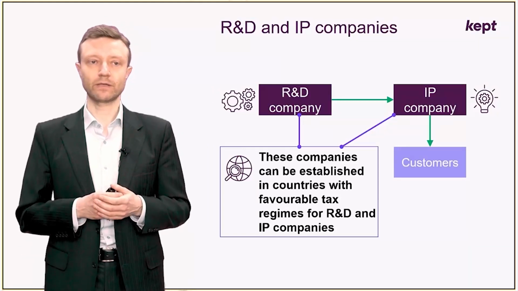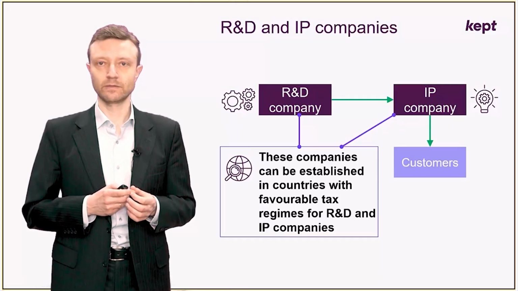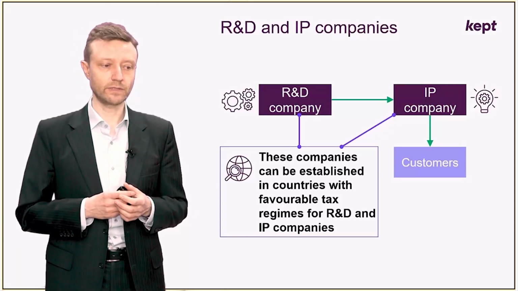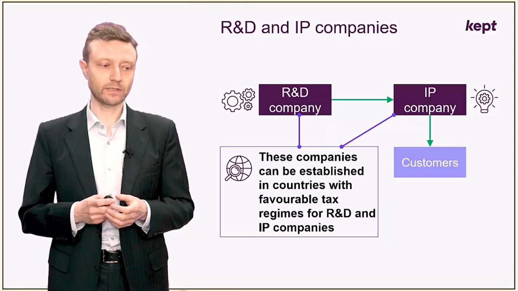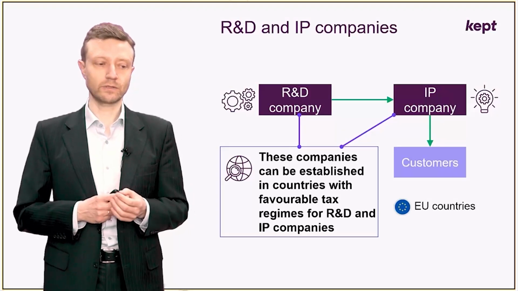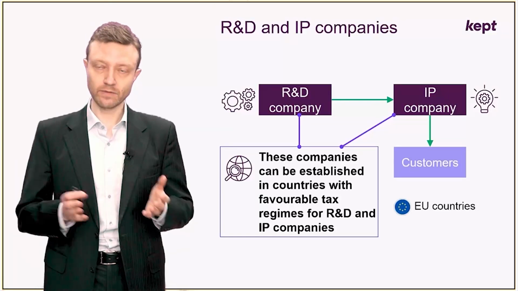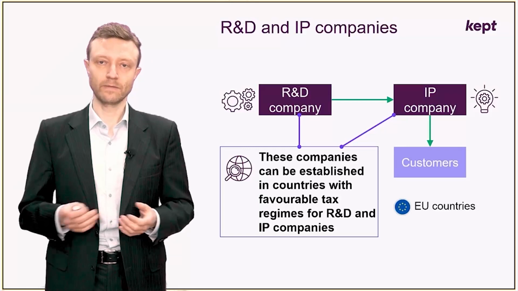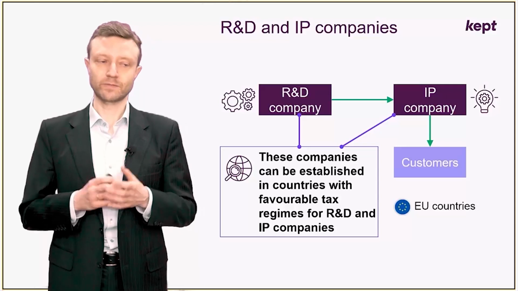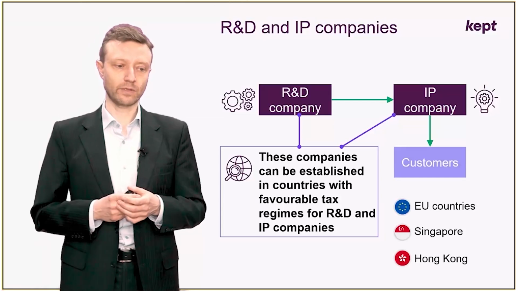It's not uncommon to see these two types of companies in countries that provide favorable tax regimes and favorable tax rates for R&D activities and for IP ownership. Typical examples: almost in every EU country it is possible to achieve this, especially in relation to R&D activities, given that the activities, for example software development, are localized and performed specifically in the country, but other jurisdictions are popular and possible as well.